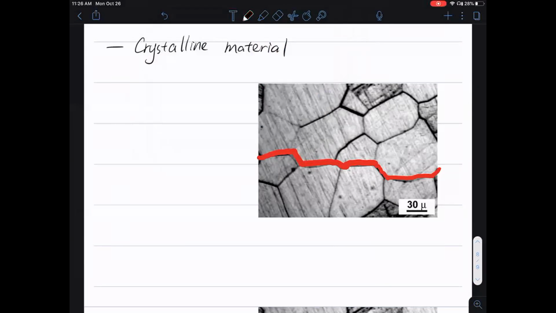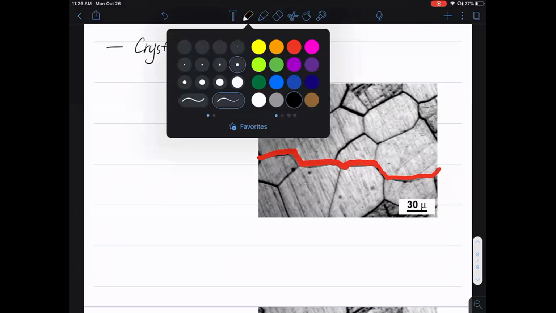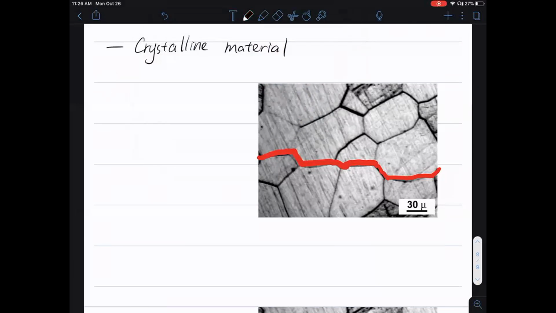Actually, we have a name for this. It's called intergranular. So this type of fracture is called intergranular.